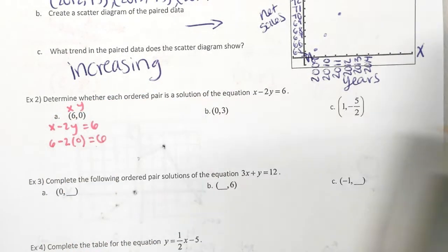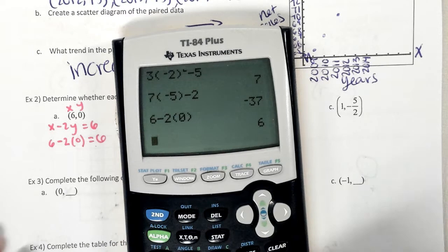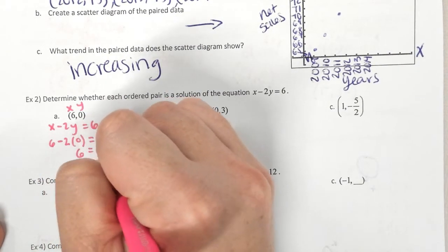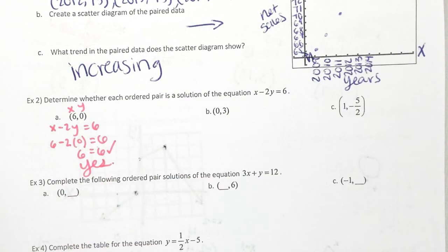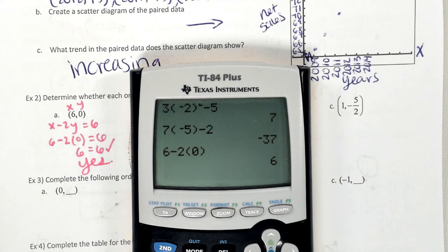Well, if I type that in my calculator, 6 minus 2 times 0, does that equal 6? Yes. So 6 equals 6. Therefore, yes, this is a solution, because when I typed it in my calculator, it gave me 6. Are we okay with that?